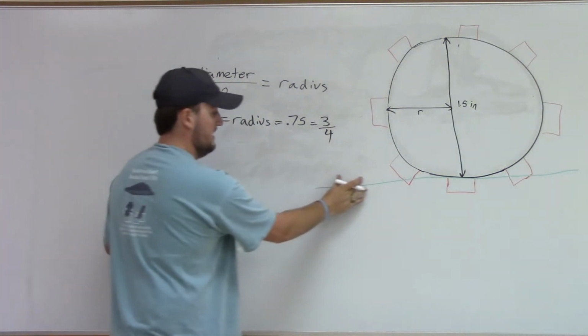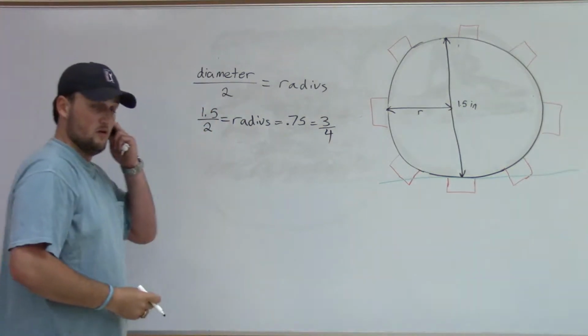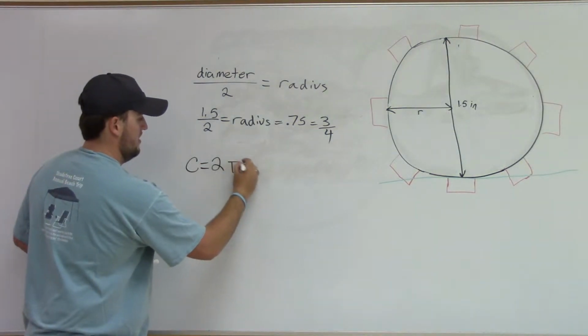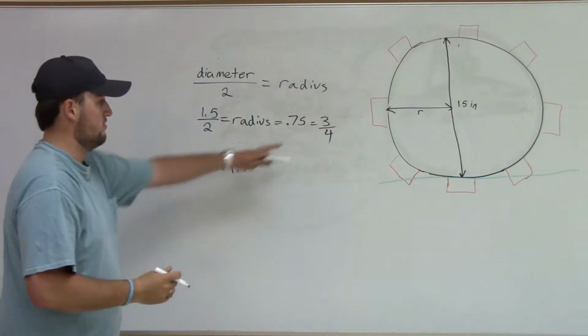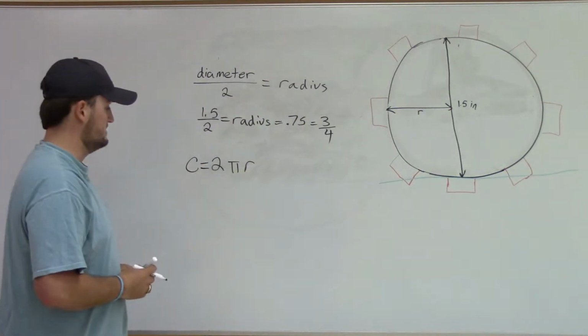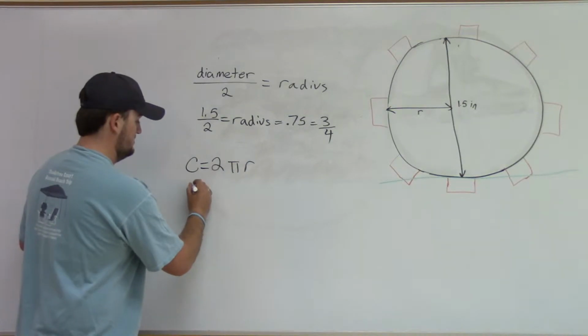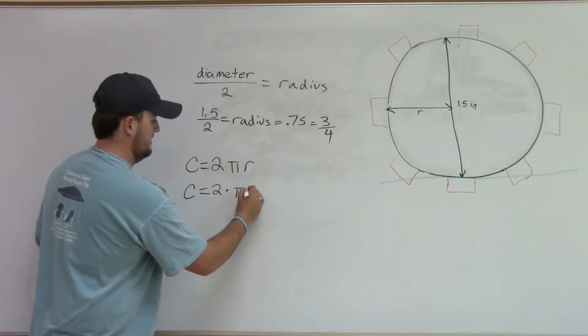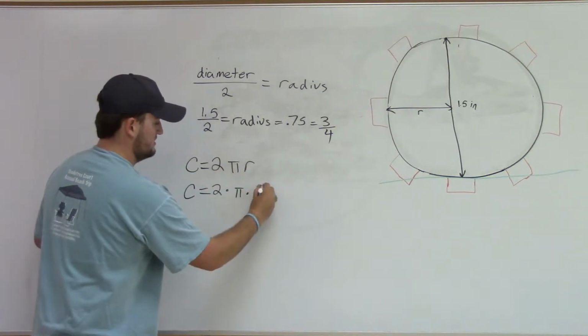Now, we can relate our circumference equation, which is C equals 2 pi r, to the radius to figure out what the circumference of the circle is. So, circumference of the circle equals 2 times pi times our radius of 3/4.